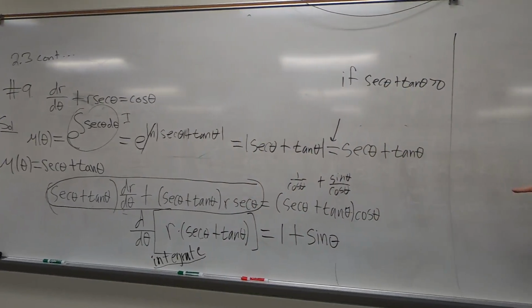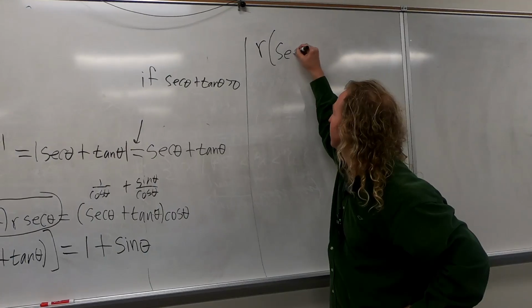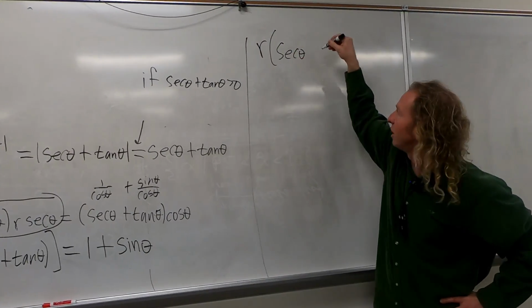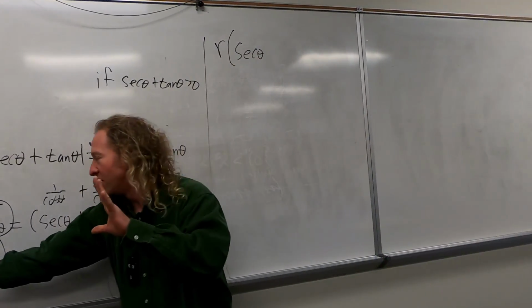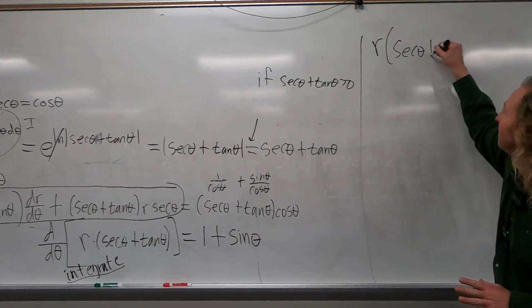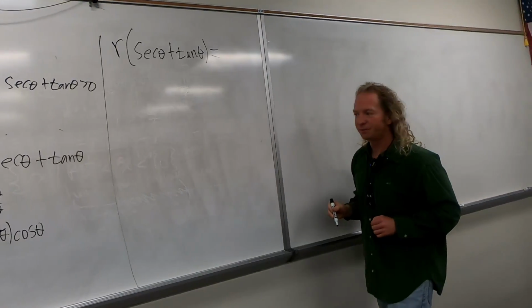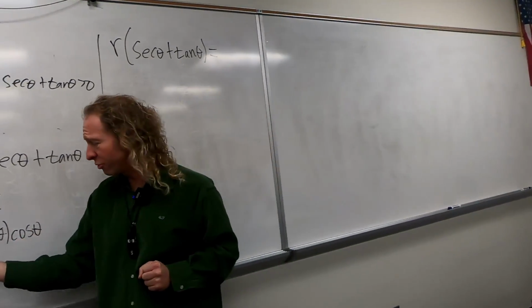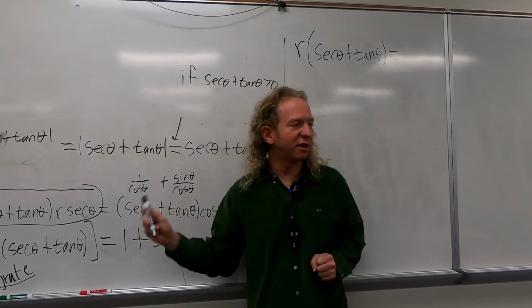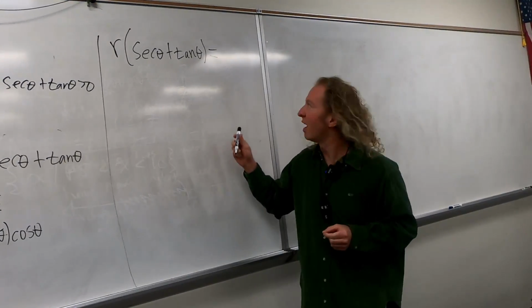So when you integrate the left-hand side, you just get r times secant theta plus tangent theta, I almost messed up, I got lucky, equals, when you integrate 1 with respect to theta, you're just going to get what? Theta, very good.